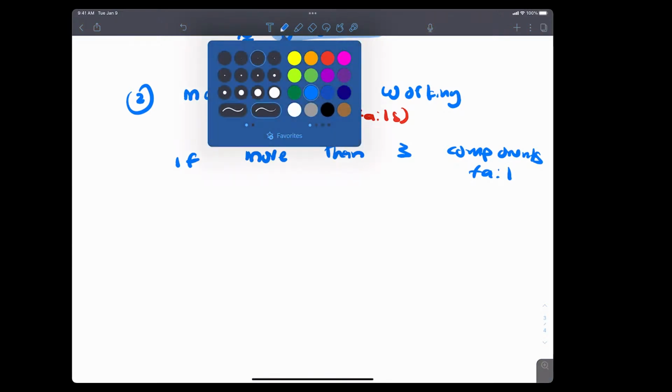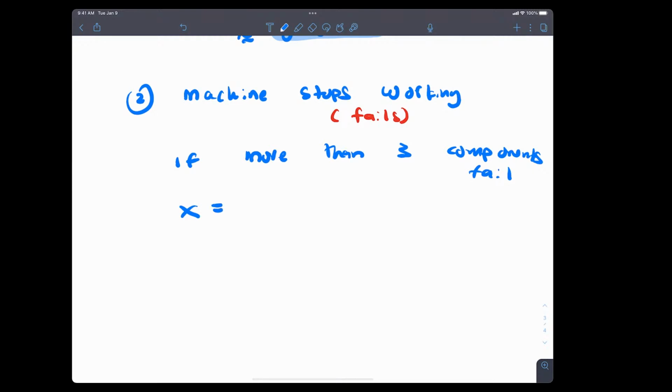So what I'm going to do now is this. I'm going to say X equals the number of components that fail. Because you're saying X more than 3, that's the more than 3 part here.